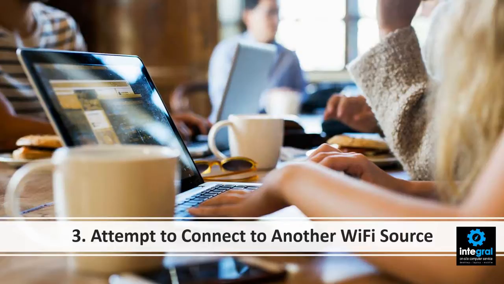Sometimes taking your device and connecting to another Wi-Fi to see if your Wi-Fi connection is consistent is what you need to do in order to make sure that your Wi-Fi at home is not the culprit and maybe your Mac is the culprit. So connecting to another Wi-Fi source will definitely let you know if you need to take steps in order to maybe fix your MacBook if it's got a Wi-Fi issue.